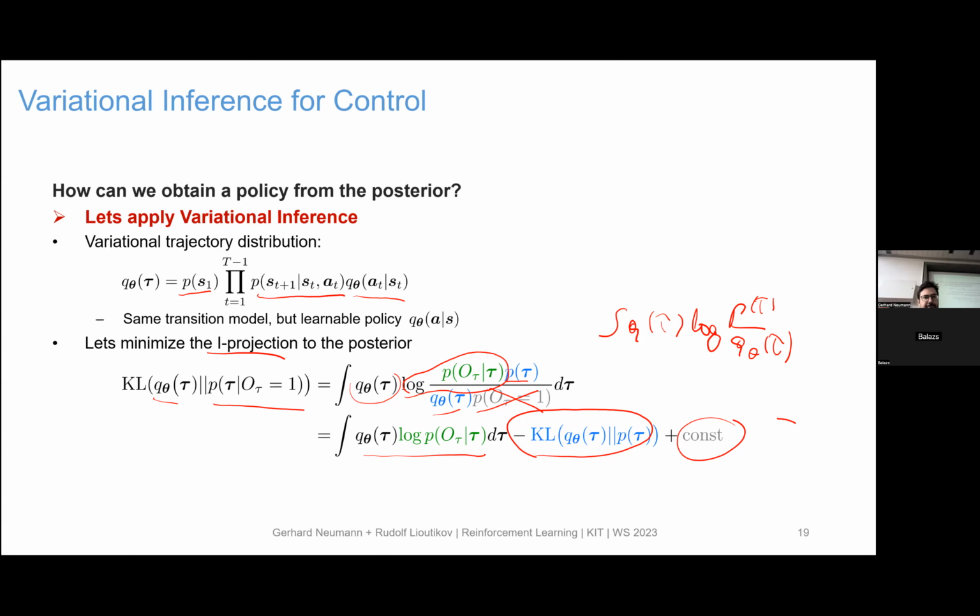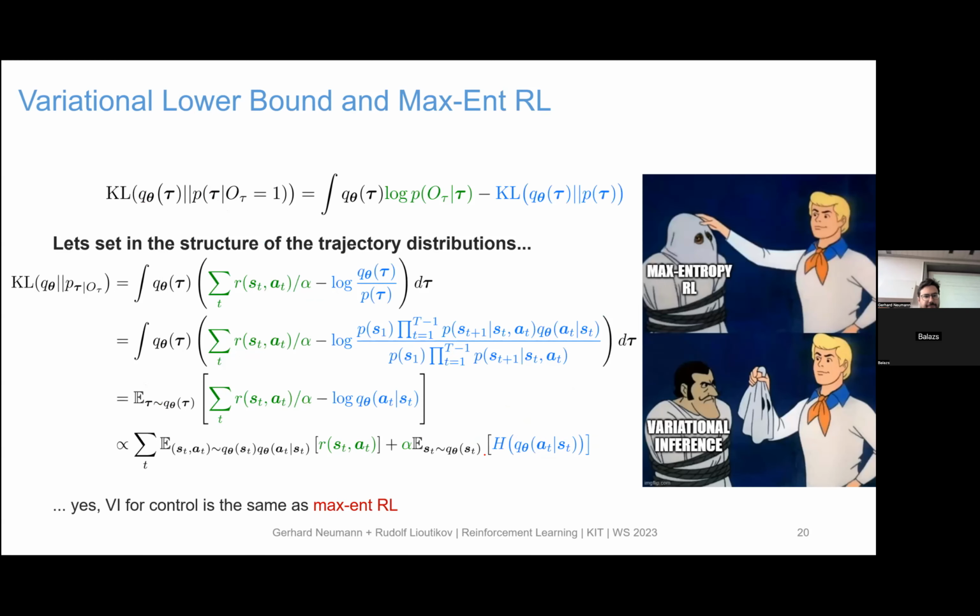And if you plug that in, you see again a lot of math, but most of these things cancel out, and it's actually not so complicated as it looks in the beginning. So what we need to plug in is just for the second part, for this KL part, the structure of these distributions.